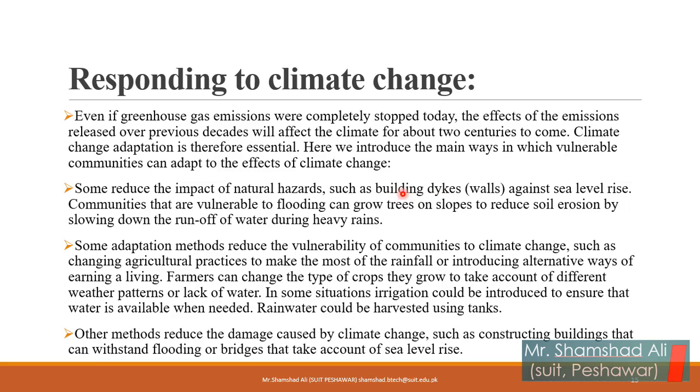Some adaptation methods reduce the vulnerability of the community to climate change, such as changing agriculture practices to make the most of the rainfall or introducing alternative ways of earning a living. Farmers can change the type of crops they grow to take account of different weather patterns or lack of water. In some situations, irrigation could be introduced to ensure that water is available when needed.